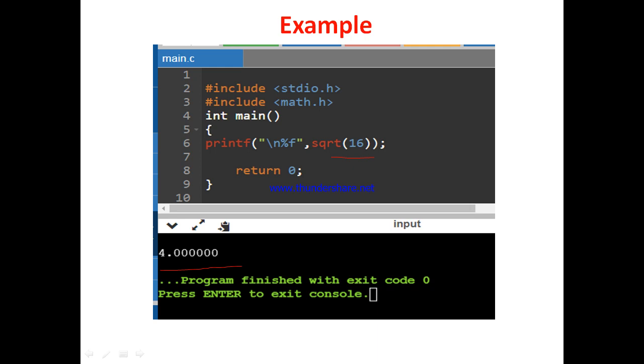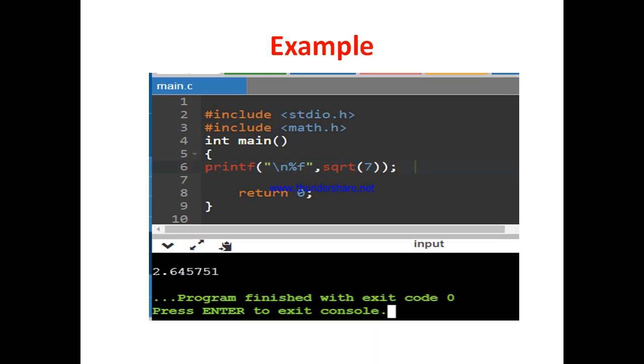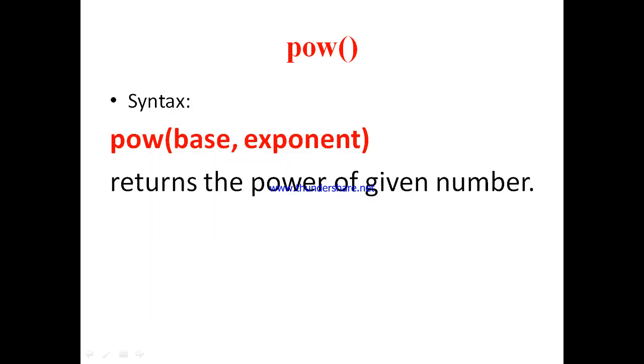This is the output of this program. Now the square root of 16 is simply 4, but for a number whose square root is not a whole number, like sqrt of 7, its square root is also calculated, and that value is 2.645751. This is the sqrt function that calculates the square root.